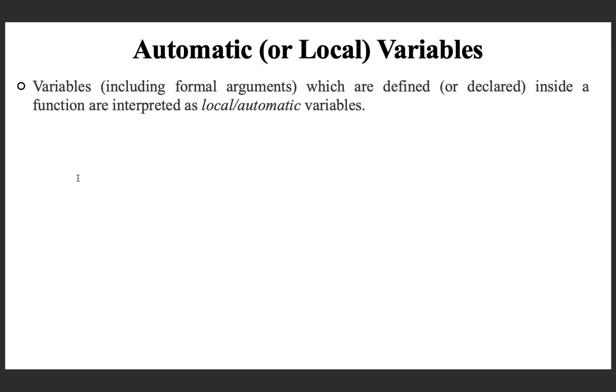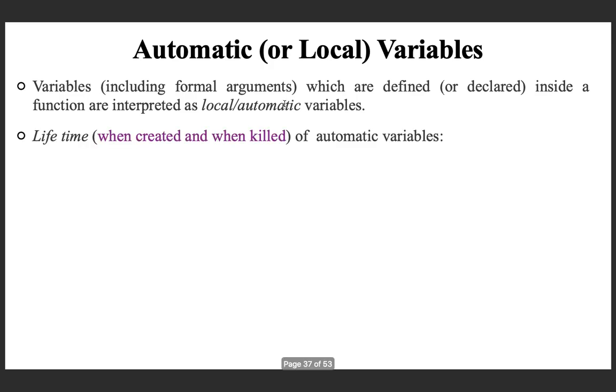Variables including formal arguments which are defined or declared inside a function are interpreted as local or automatic variables. Okay, if you look at all the variables which are defined or declared inside a function, including the formal arguments, are automatic variables.